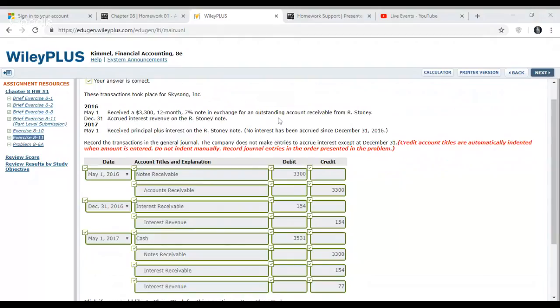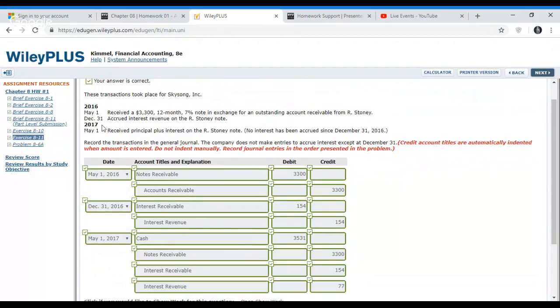It's always in terms of 1 year, but this time we're using months. So we have the face value, $3,300, times 0.07, the 7% annual interest rate, times 8 months out of the 12 for the note. That calculation gave me $154. So interest receivable is debited $154, while interest revenue is credited $154.